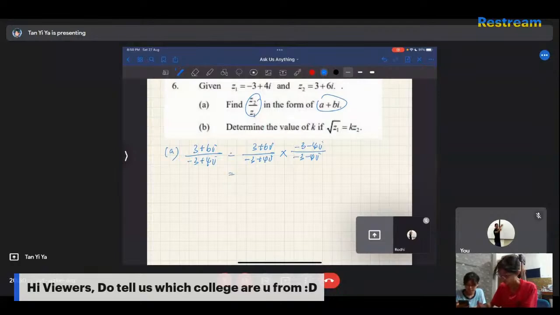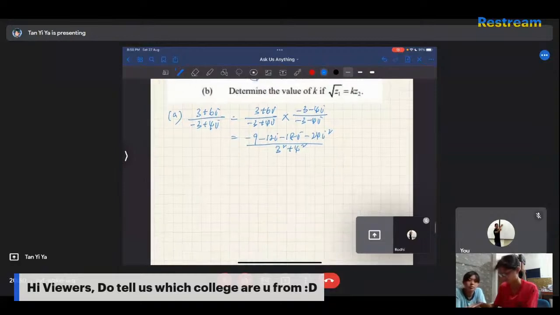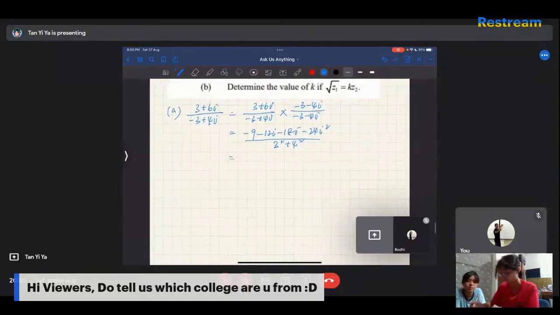Okay, just expand it. So it will be 30i minus 24 minus 1.